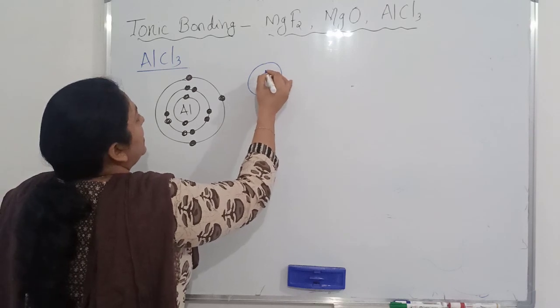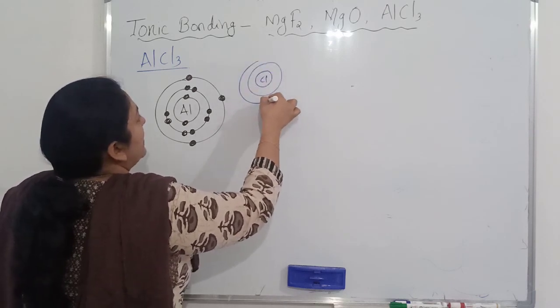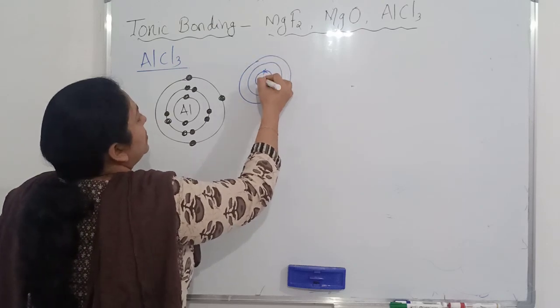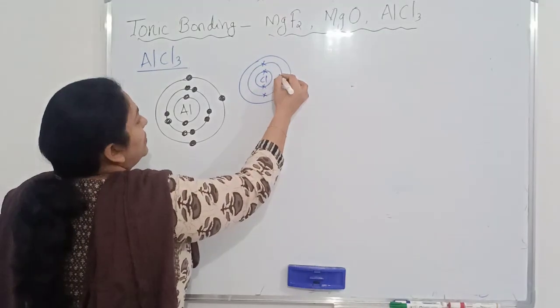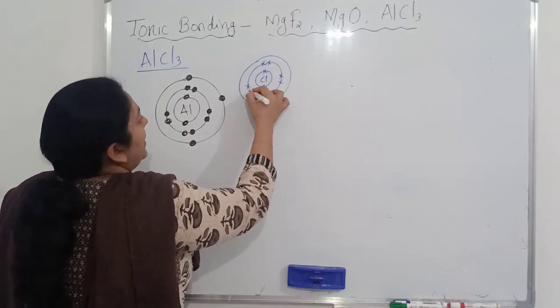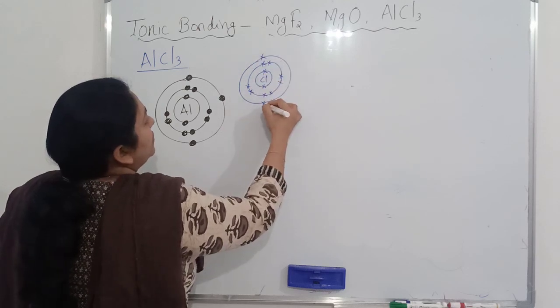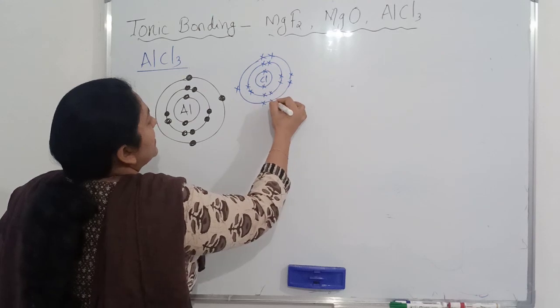1 chlorine. So here 3 shells, 2, 8, 7, right? You can put either cross or dot. 1, 2, 3, 4, 5, 6, 7 and 8. 1, 2, 3, 4, 5, 6, 7.